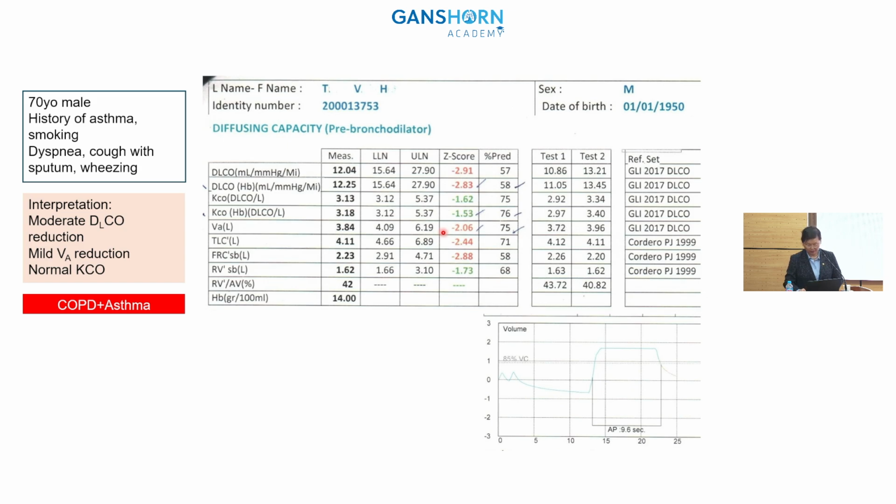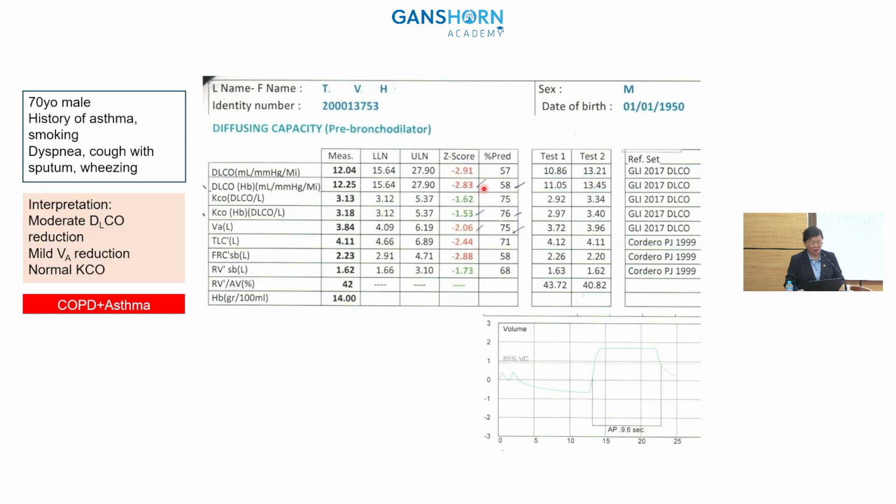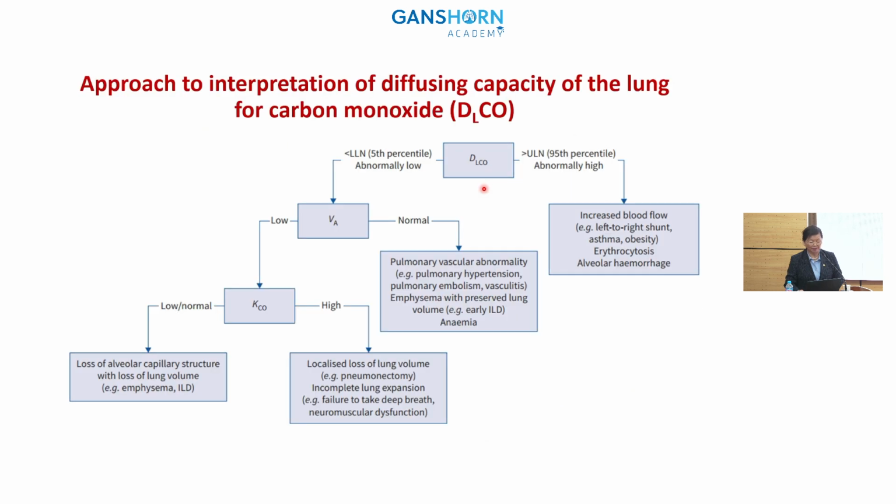So we go back to the schema to look at. So we have here low DLCO, normal KCO, but low VA. So low DLCO in this way, low VA, but KCO low or normal.